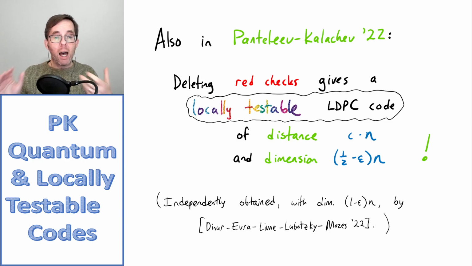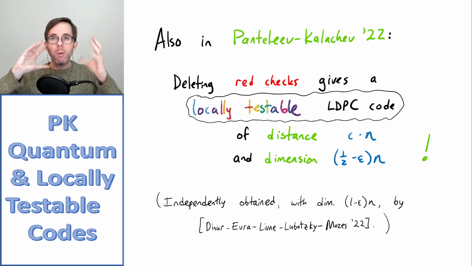Great. So I'm actually not going to talk about the locally testable LDPC codes at all, because I just want to focus on the quantum codes. But you can see talks elsewhere about these LTCs. In some sense, the quantum LDPC construction is kind of like the Dinur LTC construction, except that everything has to be more symmetric.